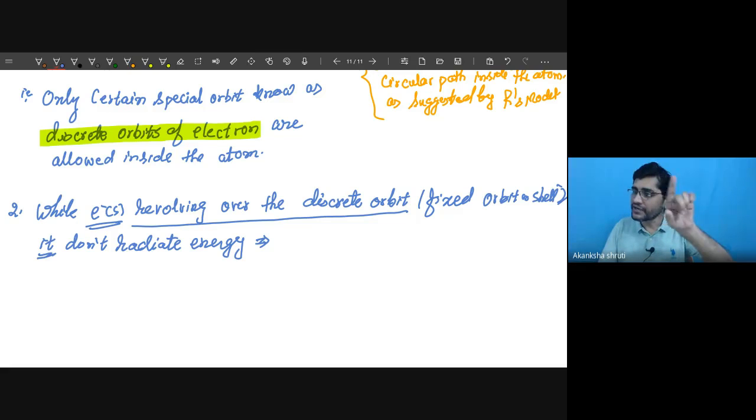So the electron will continue to revolve in that orbit and the structure of the atom is stable.